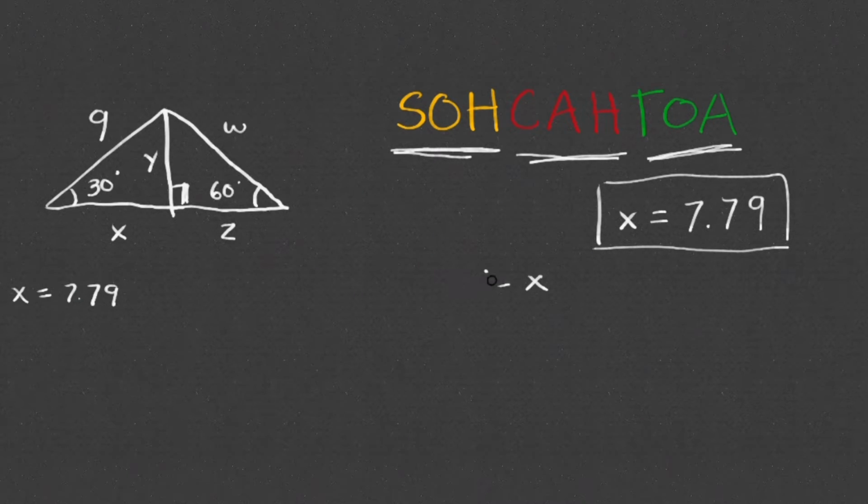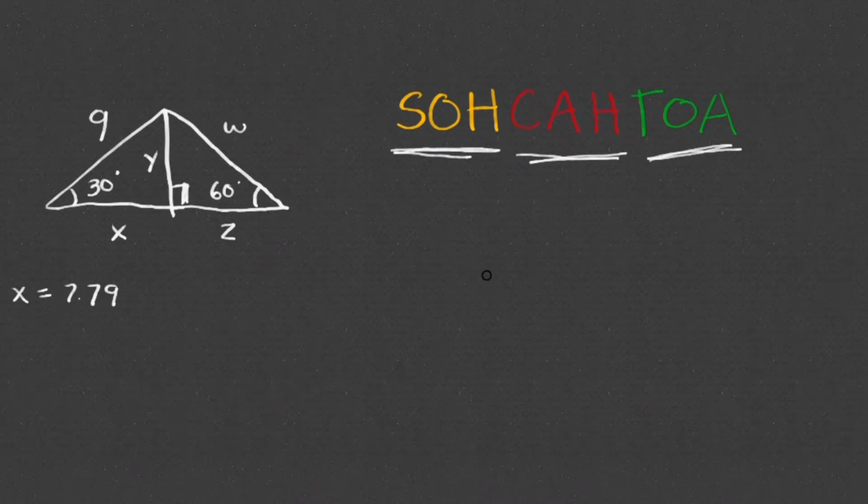And the next thing that we're gonna solve is the y. Since there's only one missing side in the first triangle, we can now use the Pythagorean theorem. There are two methods to solve this one. First is the Pythagorean theorem, and the second is the method we've used earlier. I'll show you how to solve both of them. Let's try the Pythagorean theorem. a squared plus b squared is equal to c squared.